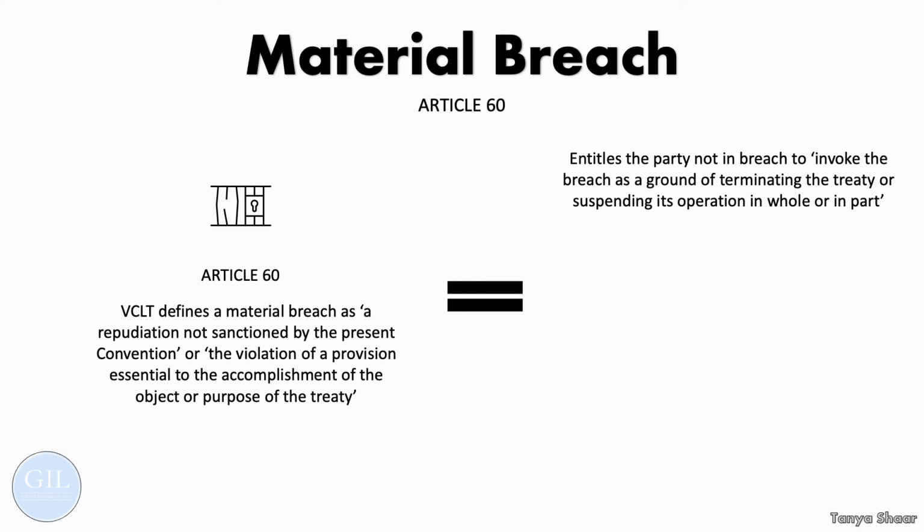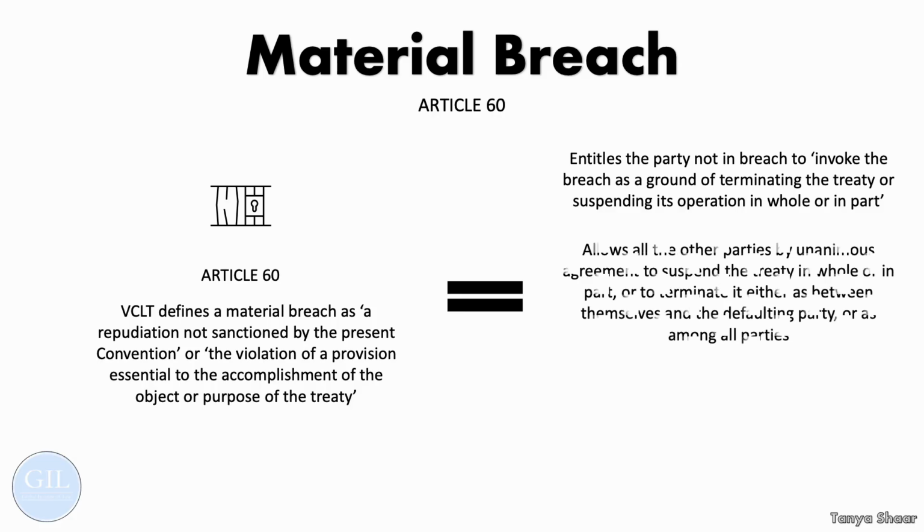Either it entitles the party not in breach to invoke the breach as a ground for terminating the treaty or suspending its operation in whole or in part, or it allows all the other parties by unanimous agreement to suspend the treaty in whole or in part, or to terminate it either as between themselves and the defaulting party or among all parties.